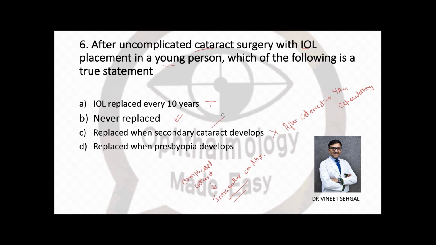In secondary cataract, the treatment is the YAG capsulotomy, and there is no replacement as such that has to be done. Replaced when presbyopia develops? Whenever there is presbyopia, you don't have to replace the lens. What you have to do is give a near add, or during cataract surgery you can put a multifocal IOL. So answer here would be B, that is never replaced.